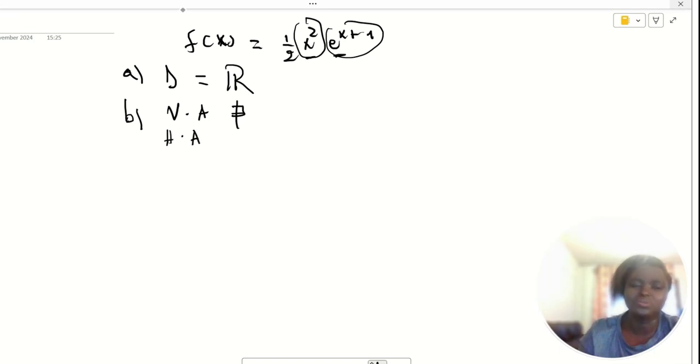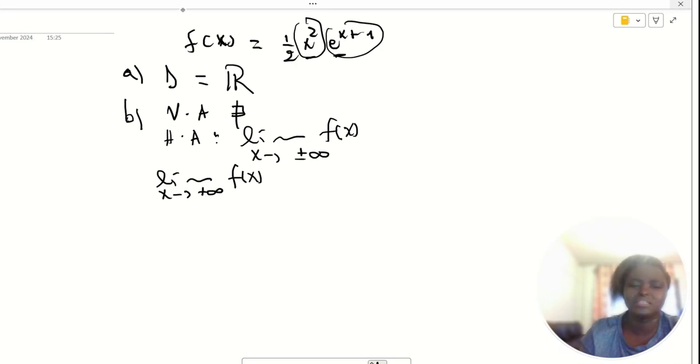To have a horizontal asymptote, we should compute the limits when x tends to plus or minus infinity of our function f of x. Let's start with the limit when x tends to plus infinity of f of x. This limit will be equal to the limit when x tends to plus infinity of 1 over 2 x squared e power x plus 1.